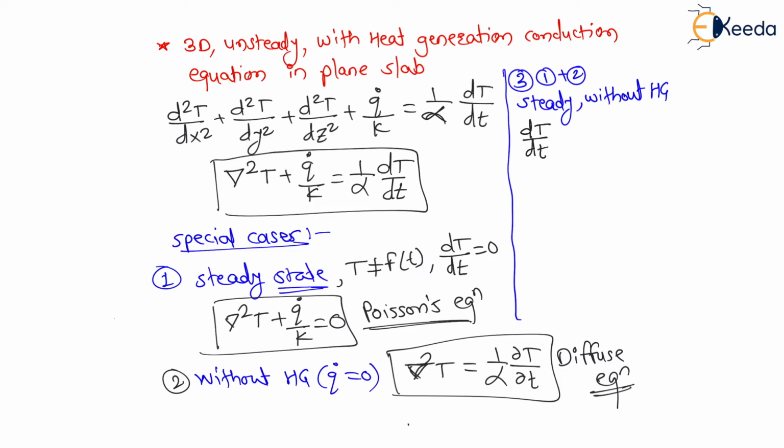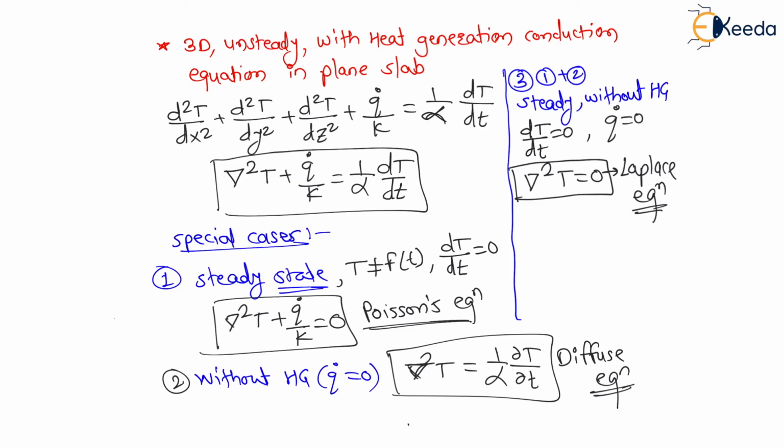Without heat generation means Q dot heat generation rate is 0. Right? Therefore, let us put these values in this equation. Therefore, the equation will become del square T is equal to 0. And my dear students, for such type of equation in mathematics, we say Laplace equation. In mathematics, this is your Laplace equation, right or wrong? Right, this is a Laplace equation.